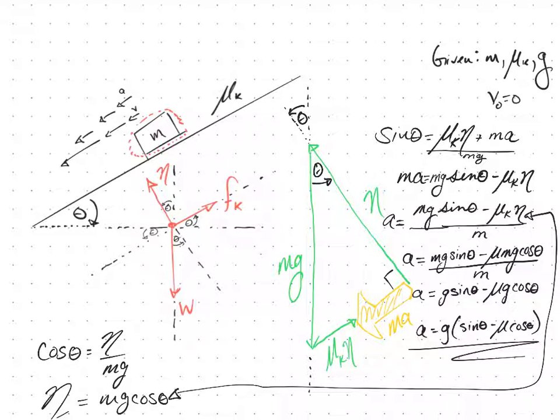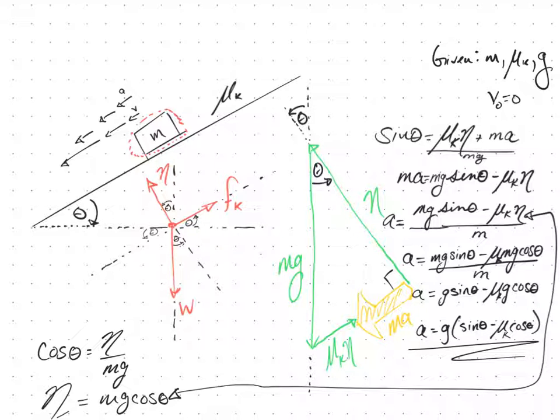So what I've got there is the acceleration of a block, an object, sliding down a hill with friction. I encourage you now to just find, given a mu k, the coefficient of kinetic friction, could you find the angle at which something slides in terms of the other variables?